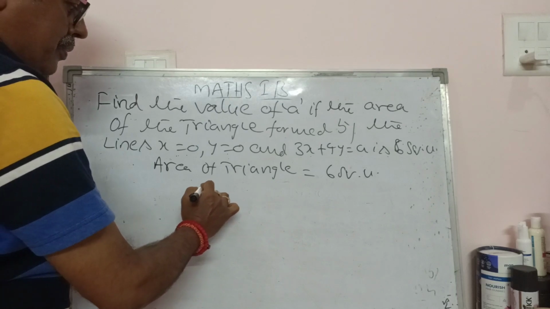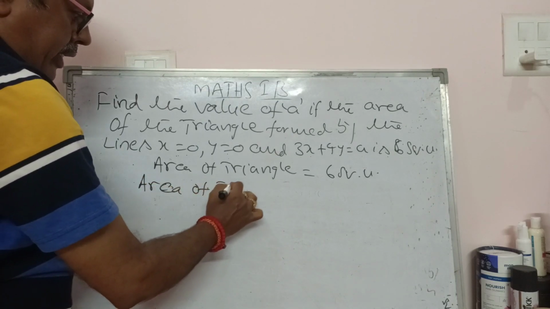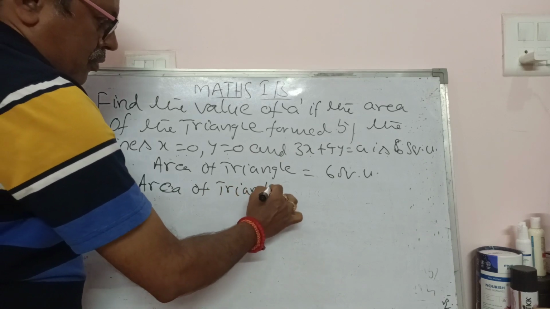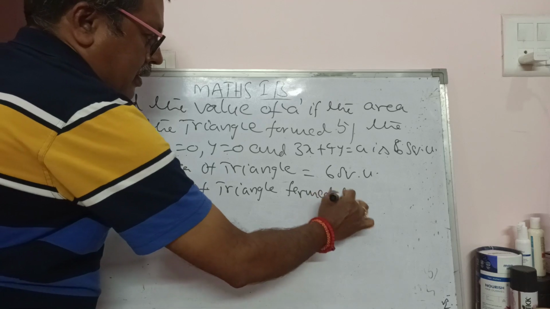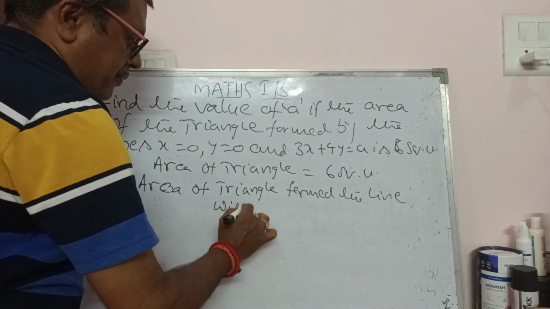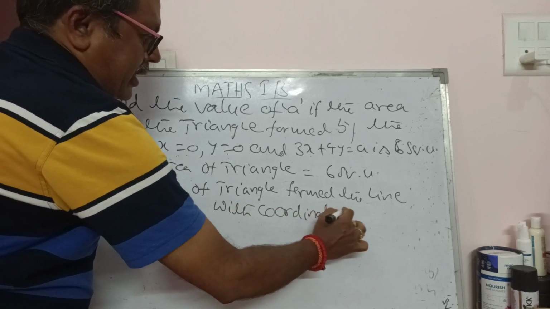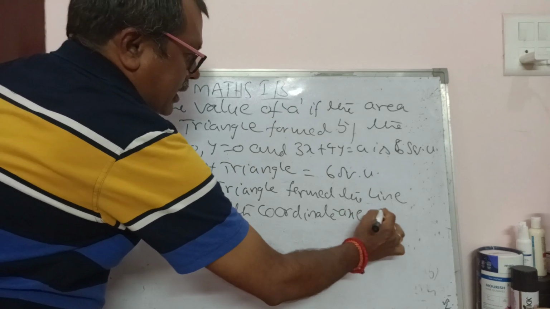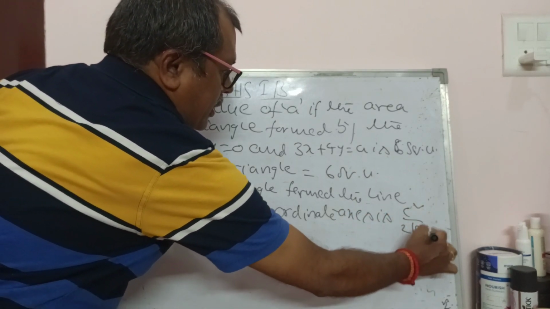So the area of the triangle formed by the line with the coordinate axes is given by c square by 2 mod ab.